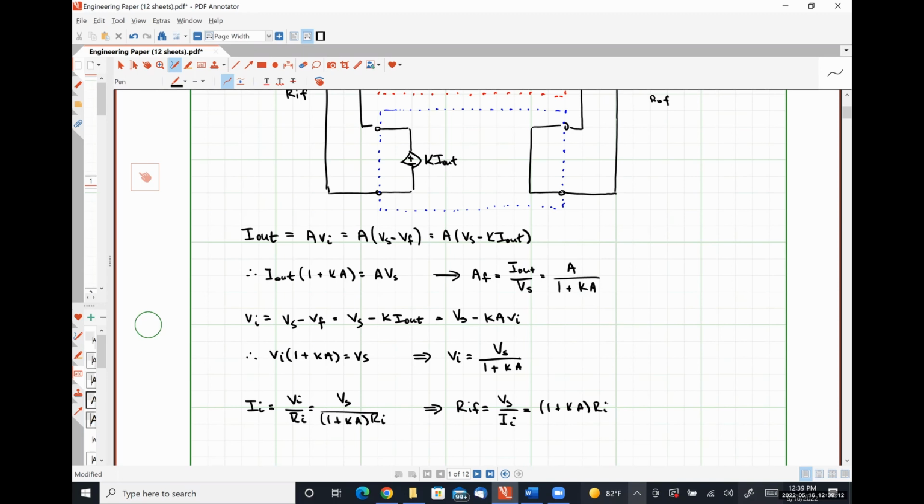To determine our output resistance with feedback, we are going to set VS equal to 0 and apply a test voltage between the output terminals.